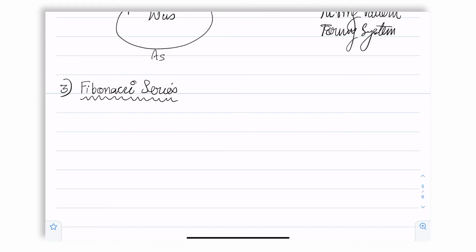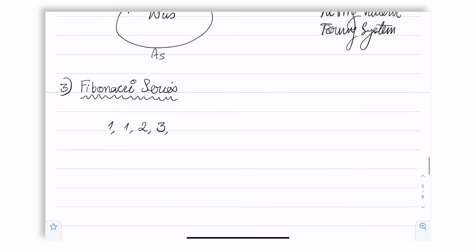Let's write down one of these. So 1, 1, 2, 3, 5, 8. I hope you know what I'm doing. I'm taking the initial two values as 1 and 1, summing them and putting them in here. Now I take these two values, sum them and put it here.